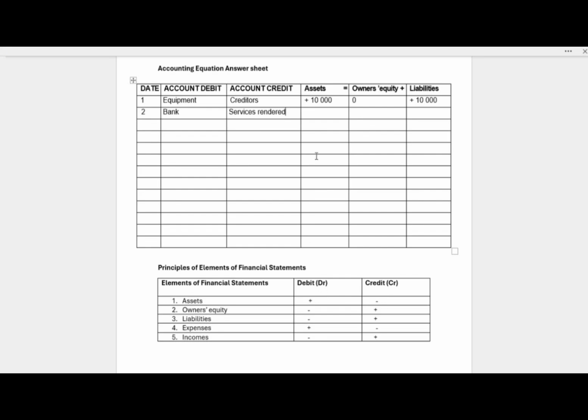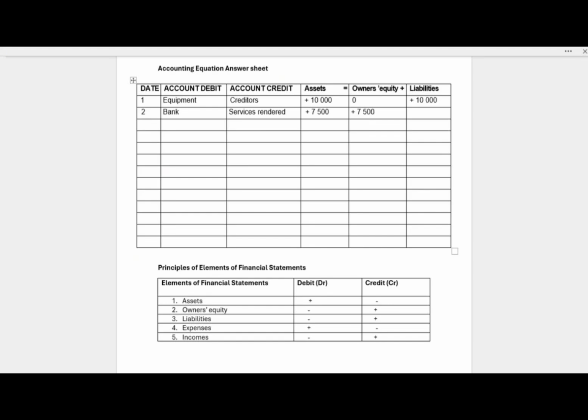Okay. So now we're going to go to the asset part for bank and say plus 7,500. And then remember, services rendered is an income account, and when we check our accounting equation format, we don't have a column for incomes, right? So incomes affect our owner's equity by increasing it.